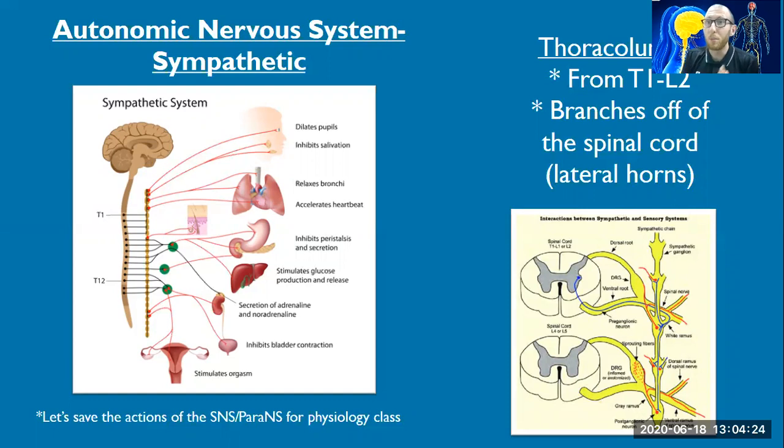The correct answer would be T1 to L2, thoracic 1 to lumbar 2. And as you can notice, they go out and they travel to the sympathetic trunks, and then they could travel up, they can travel down, or they can travel back out using the staircases to organs, lungs, different parts of the body. But it has to be the T1 to L2.